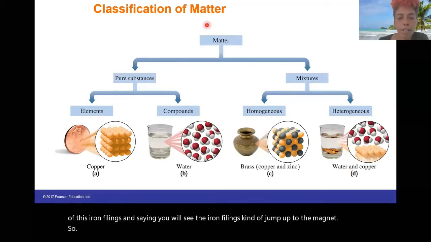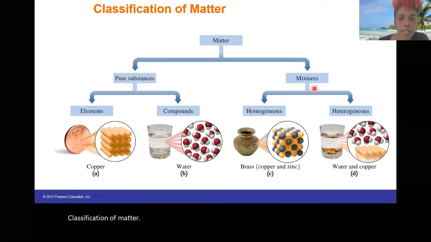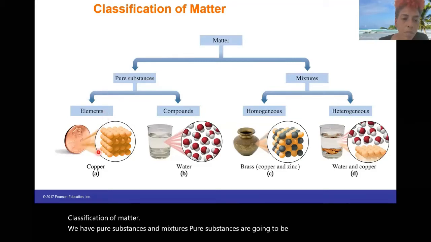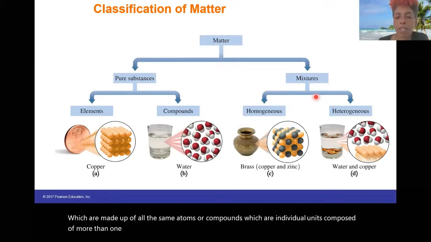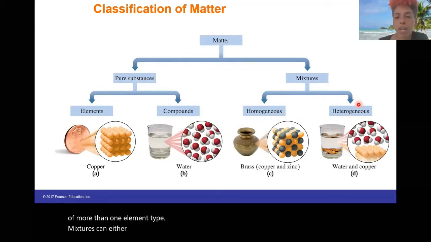So, classification of matter. We have pure substances and mixtures. Pure substances are going to be elements, which are made up of all the same atoms, or compounds, which are individual units composed of more than one element type. Mixtures can either be homogeneous or heterogeneous.